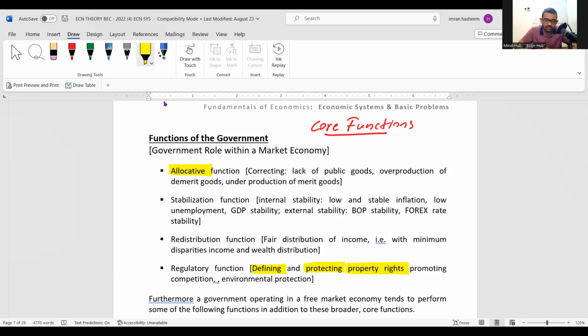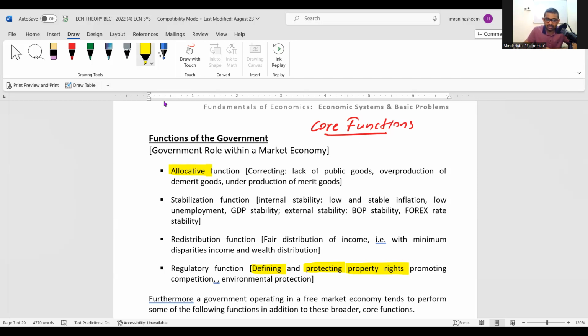Government will have to allocate some resources and provide education, provide healthcare. That's why even in very market economies in the world, public health, public education is there. Get it? This is called the allocative function. Superman has to come when the market fails to allocate resources for certain important goods and services.